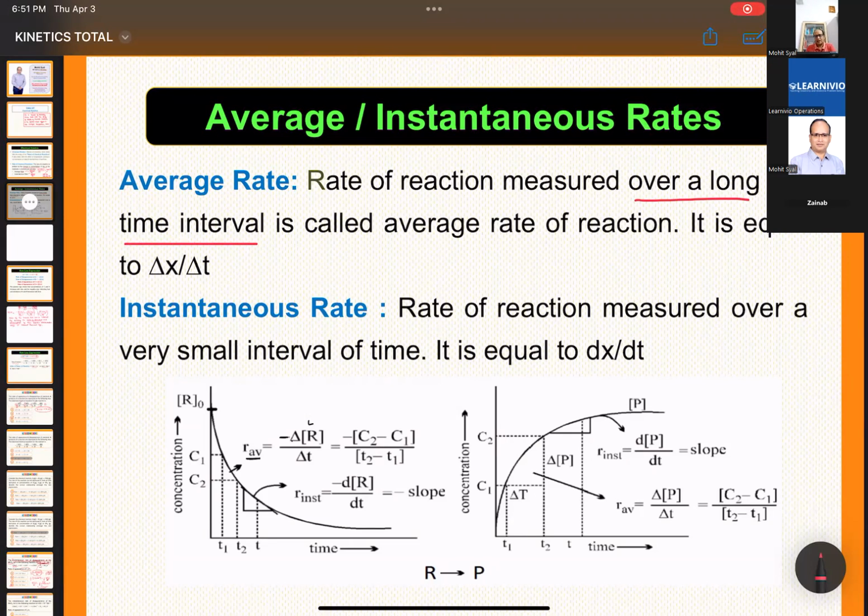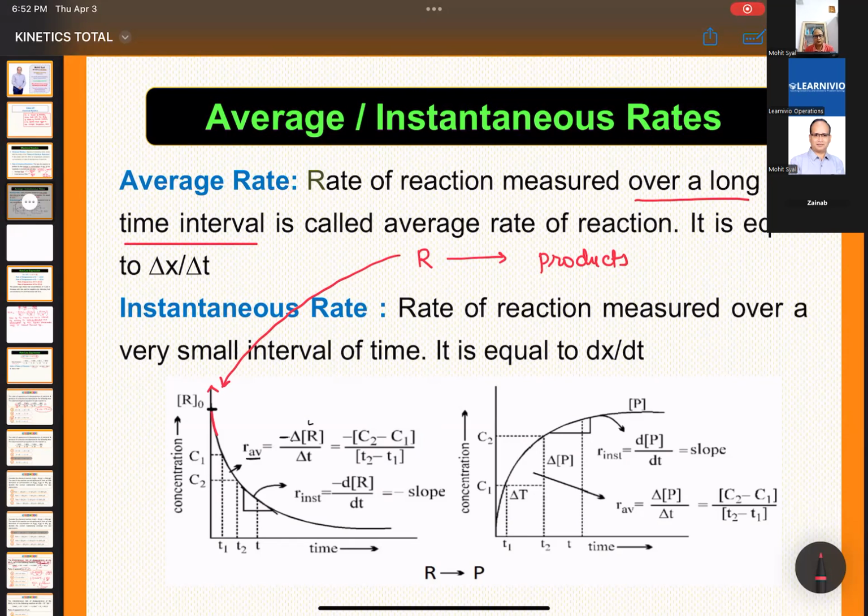So suppose you have a reaction in which the reactant R is giving you products. How is the concentration of R changing? You can look here. The concentration of R is represented, and because it is a reactant, what will happen to the concentration of reactant as the reaction proceeds?